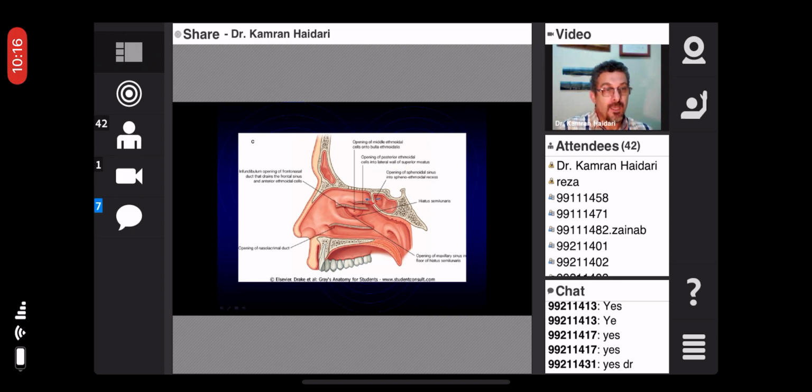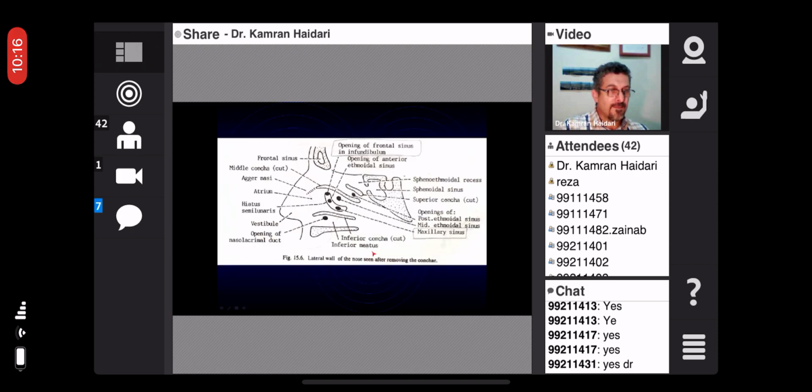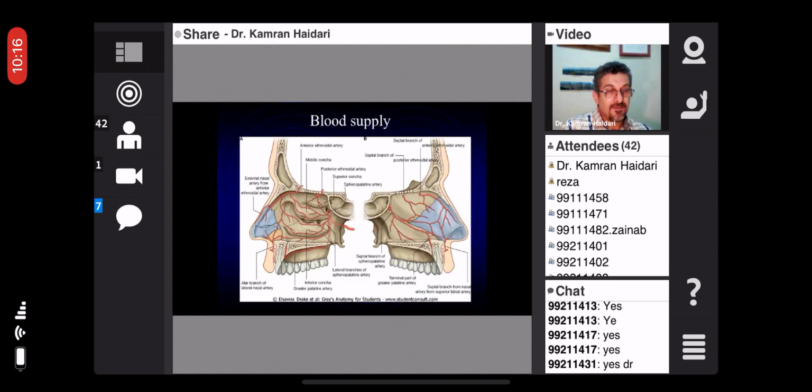Sphenoethmoidal, because the recess is a pouch here between the sphenoid and the ethmoid. Because of this, we use this term, sphenoethmoidal recess. And this is the schematic, you can say, a very simple picture of the opening of each paranasal sinus on the lateral wall.